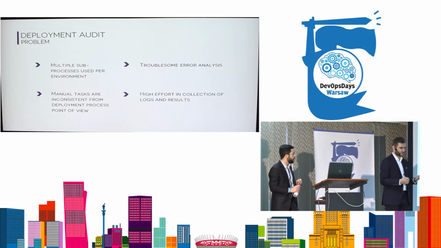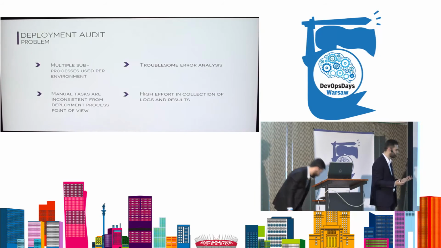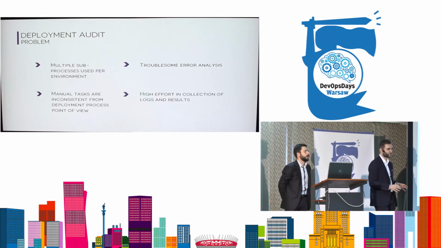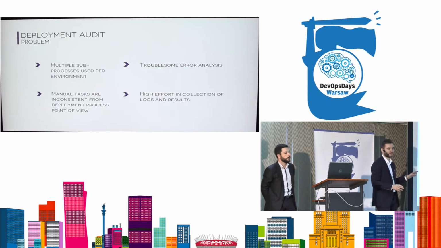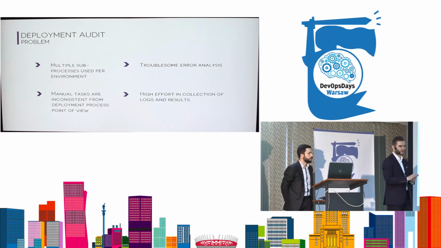So it's really hard to link all the manual actions that occur on the environment with something that is correlated with the deployment process. So if anything goes wrong, it's really troublesome to analyze any errors. It's almost guaranteed that it will take loads of time.